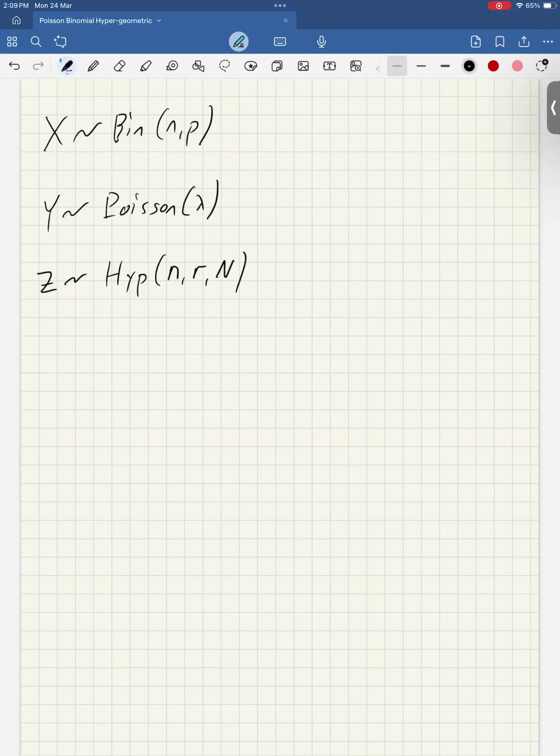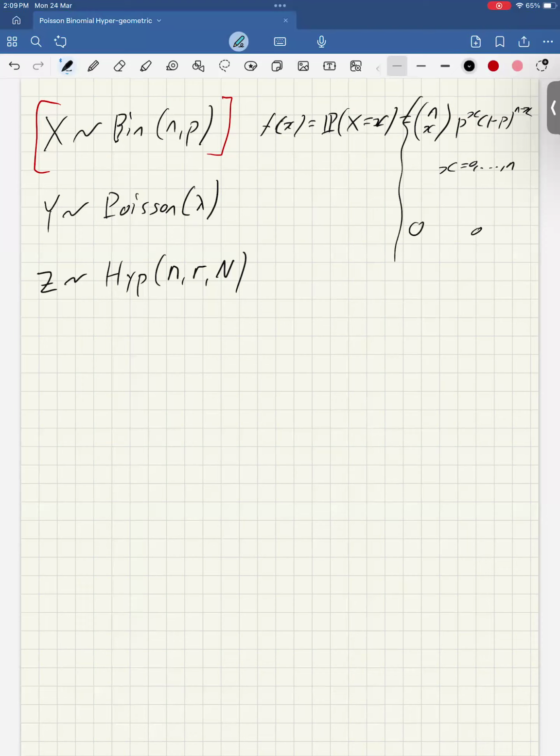Okay, so in class and in another video, we've dealt already with a binomial distribution. So the probability mass function f of x, that's the probability that X equals x for a binomial distribution, is n choose x, p to the power x, 1 minus p to the power n minus x, for x from 0 up to n, and 0 otherwise.